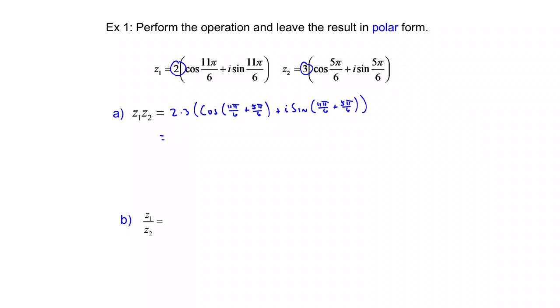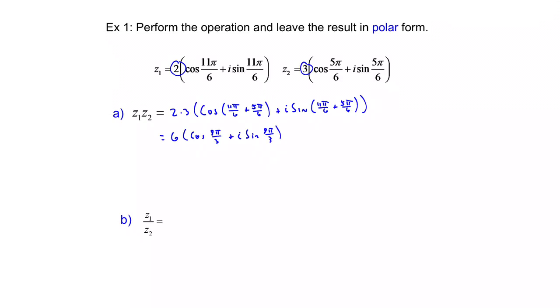And then we will simplify that. 2 times 3 is 6. Cosine of 11 pi plus 5 pi would be 16 pi over 6, but we can reduce that to 8 pi over 3 plus i sine of, same thing, 8 pi over 3.